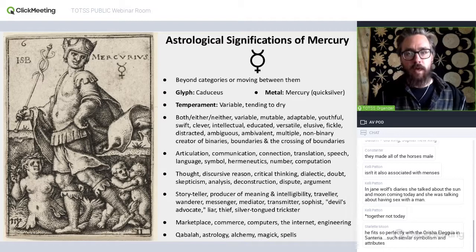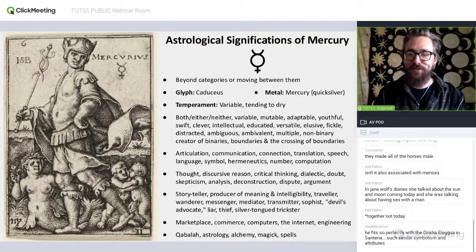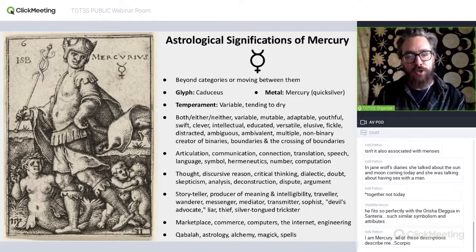So there's some of this ambivalence about Mercury. Mercury is both information and processing information and speech and communication, but also lying and misleading and deceiving. Mercury has this kind of ambiguity. Devil's advocate is a great thing for Mercury, intentionally taking the opposite position just for the sake of taking the oppositional position is a very mercurial thing to do. And like I said, Mercury can be a liar or a thief, and Mercury is the silver-tongued trickster.